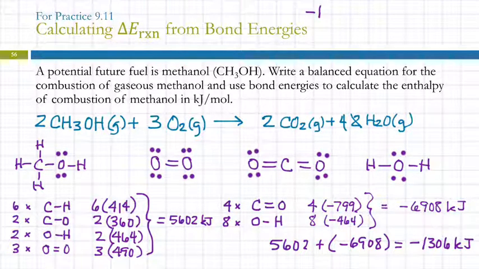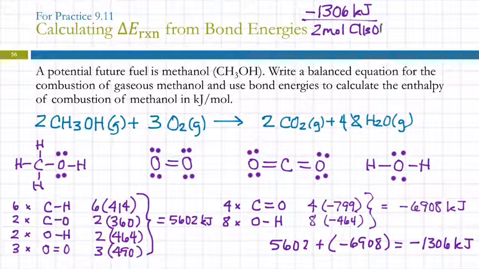So we've got negative 1306 kilojoules coming from 2 moles of methanol. We divide by 2, negative 653 kilojoules per mole. Any questions? Yes?